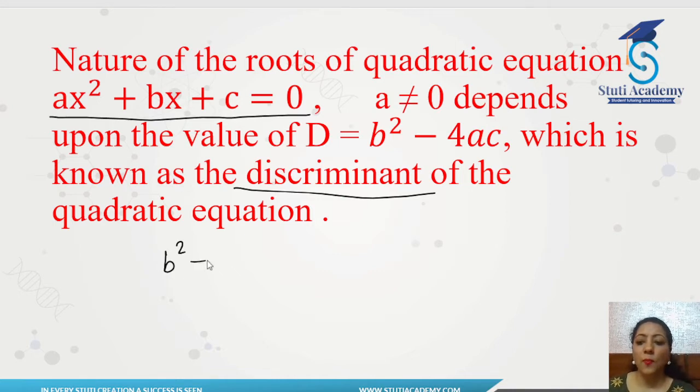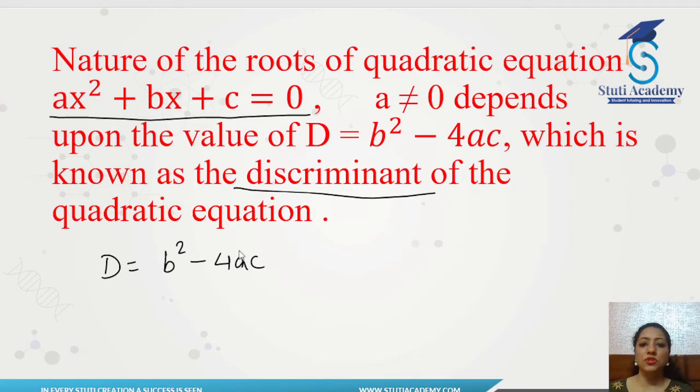So b square minus 4ac is called the discriminant and is usually denoted by capital D.